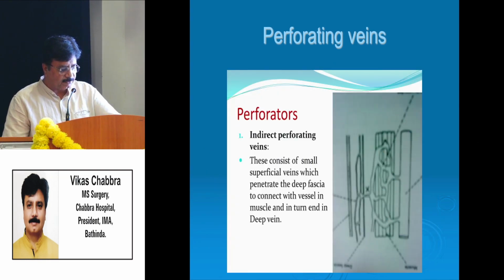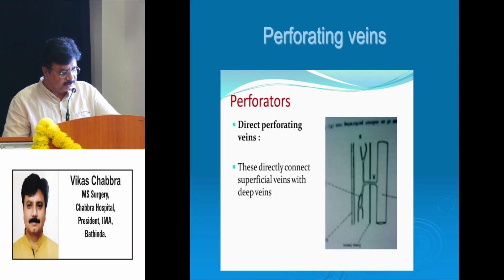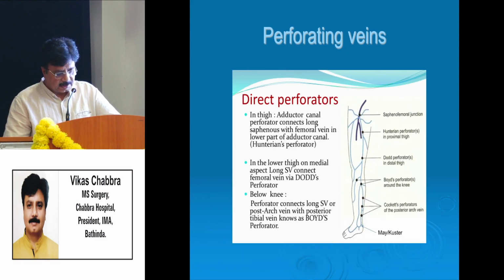These are indirect perforators, which take the blood from the superficial veins to the muscles and then indirectly into the deep veins, and another are direct perforators, which directly communicate the superficial veins to the deep veins. There are so many names of direct perforators. Of these are Hunterian perforator, Dodds perforators, Boyd perforators, Cockett's perforators.